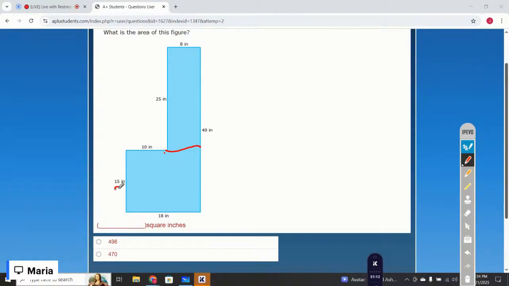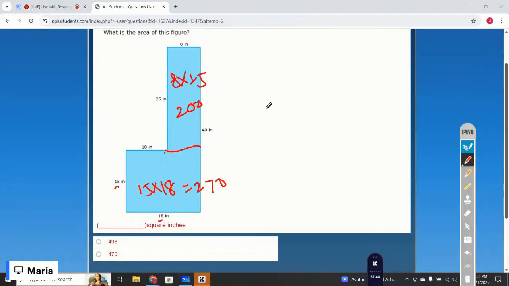For the rectangle, we have 15 times 18. That is 270. That is the area of this rectangular portion. Now look at this rectangle. That would be 8 times 25. So 8 times 25 is 200.